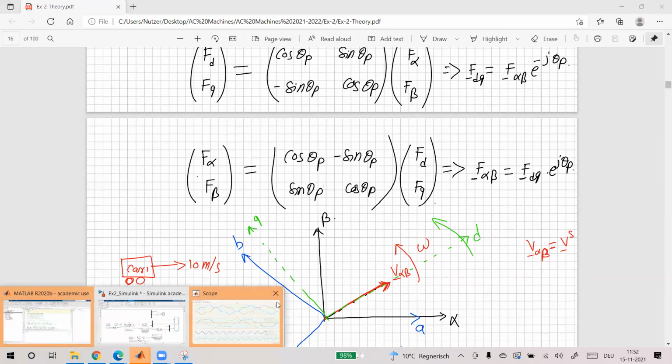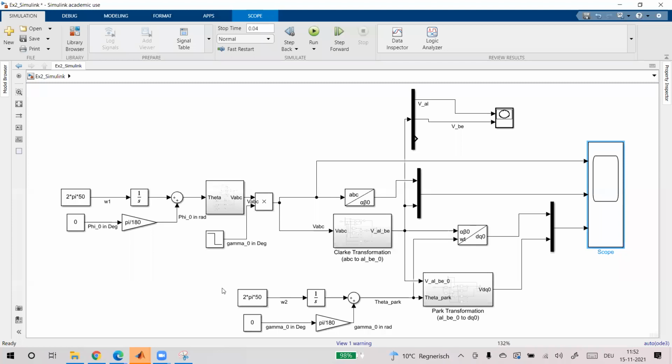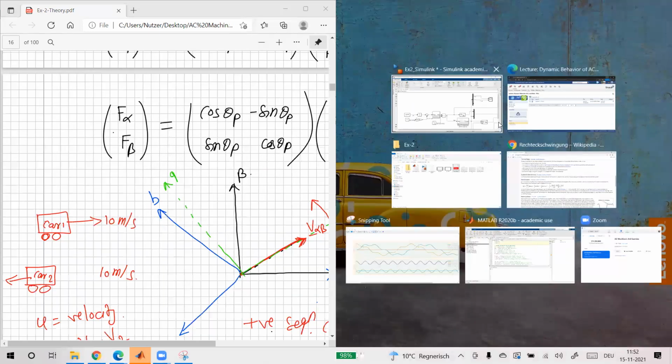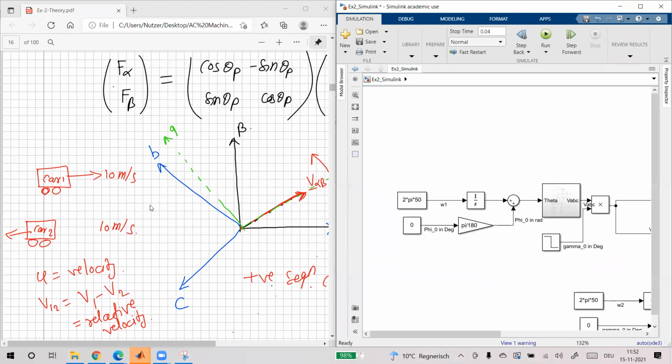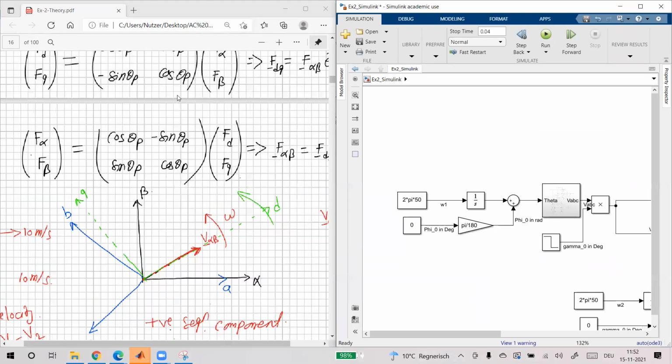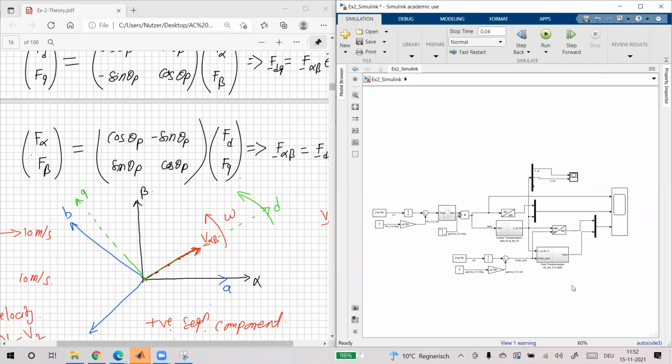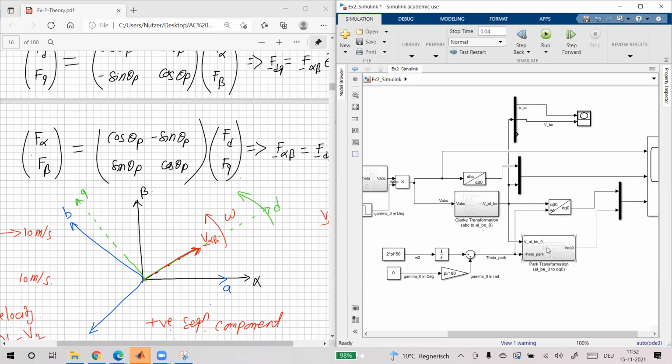I have already opened my MATLAB model. You can open the model and then do the inverse part.